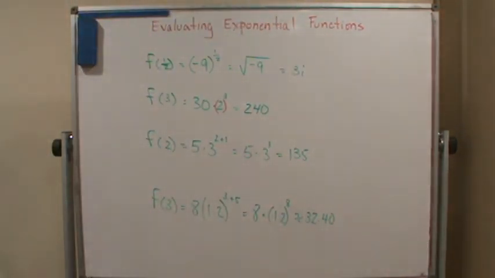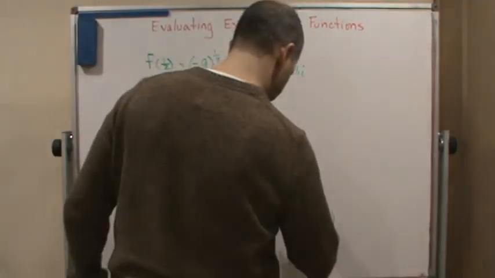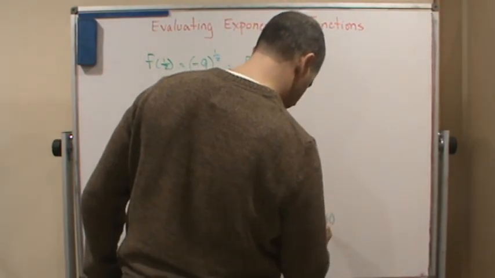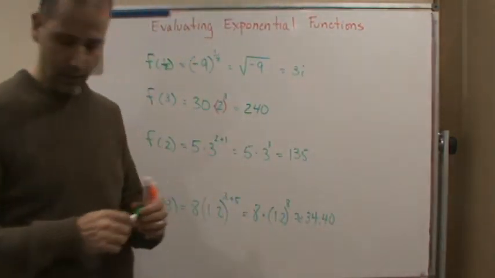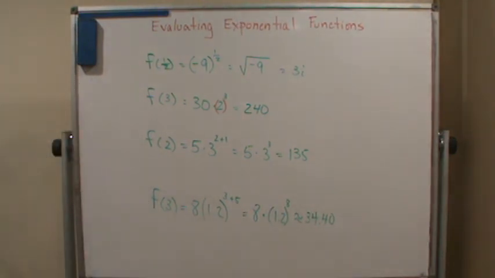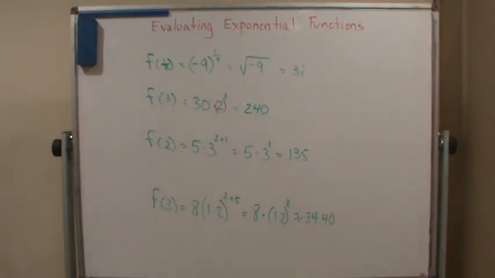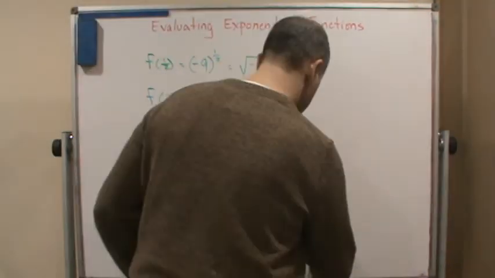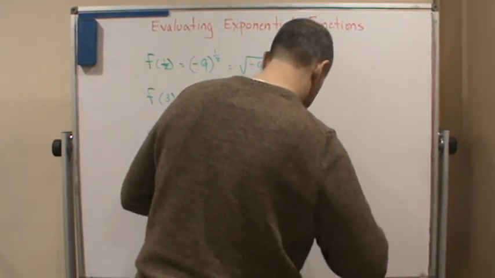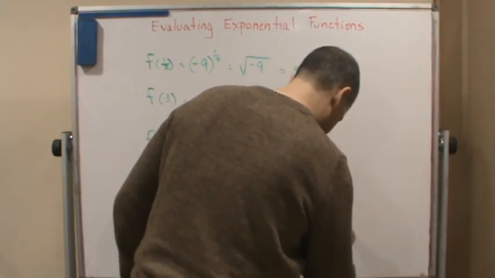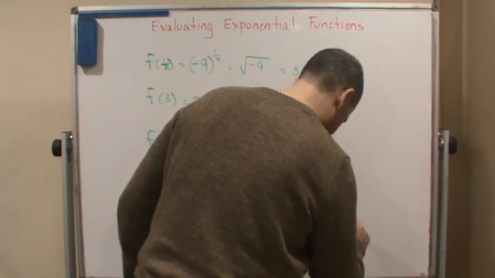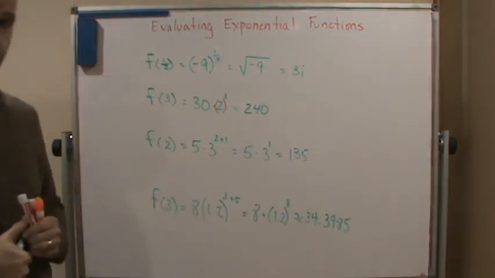Oh, they want 4 decimal places. That's another thing, gotta read the instructions, so that means it's going to be 34.3985.